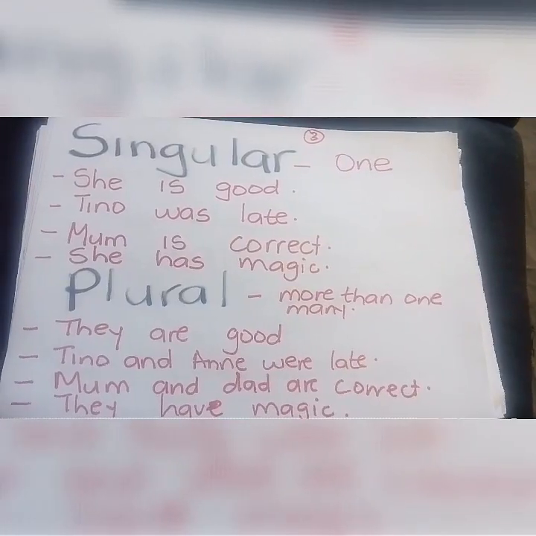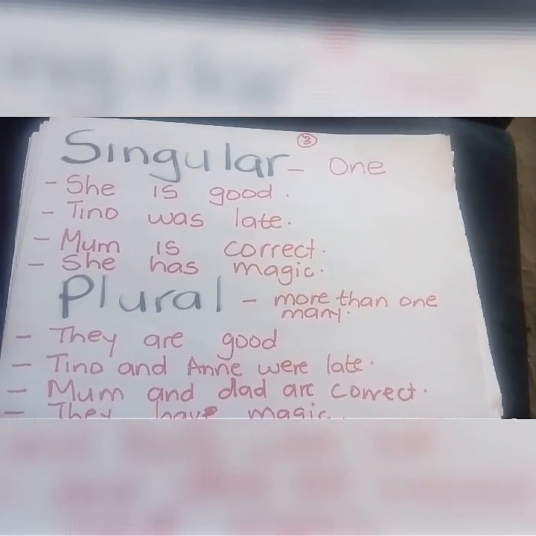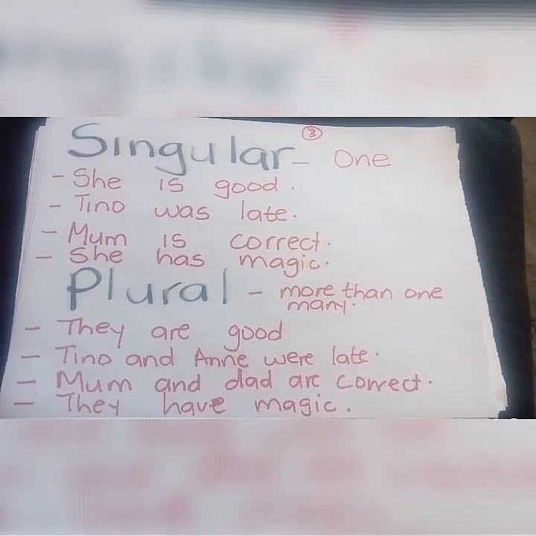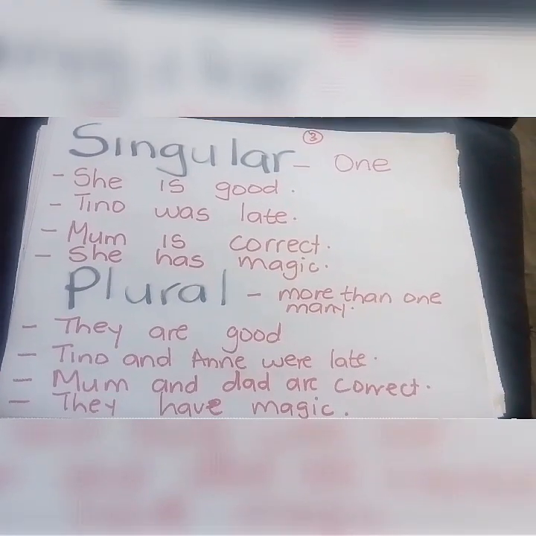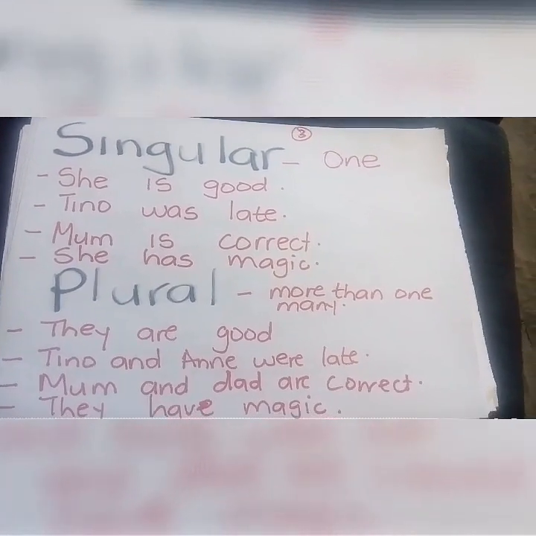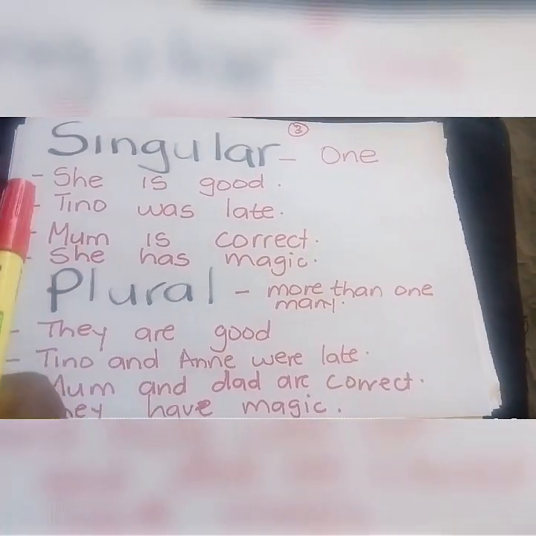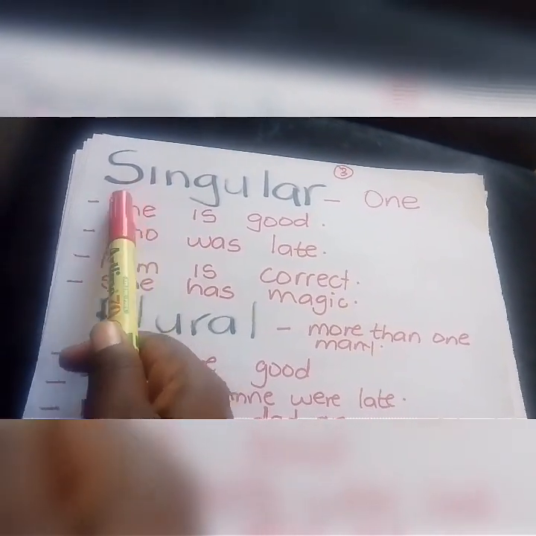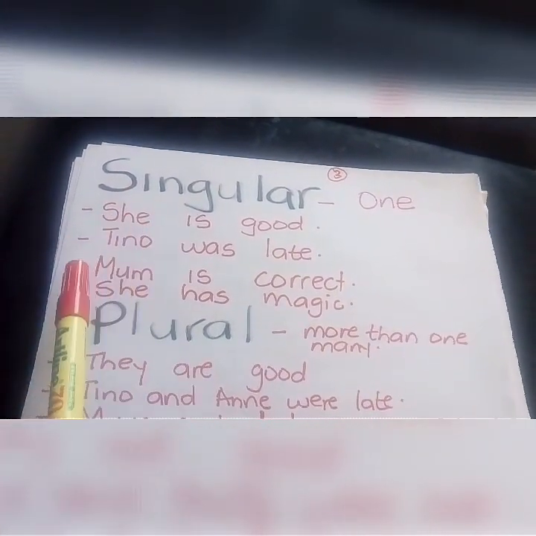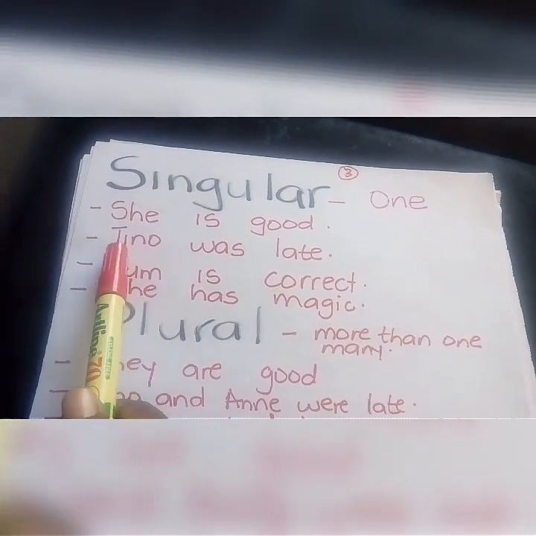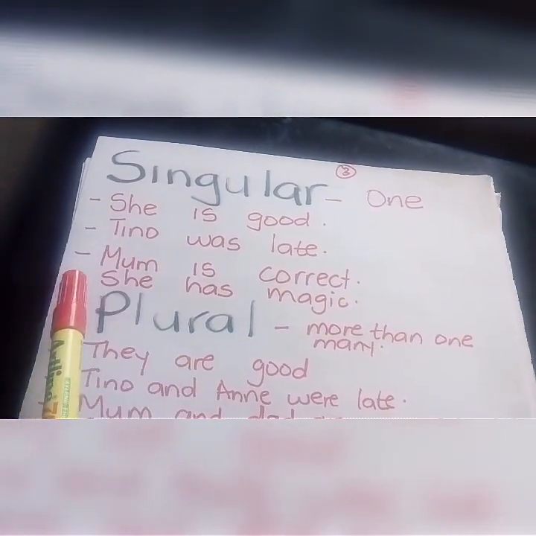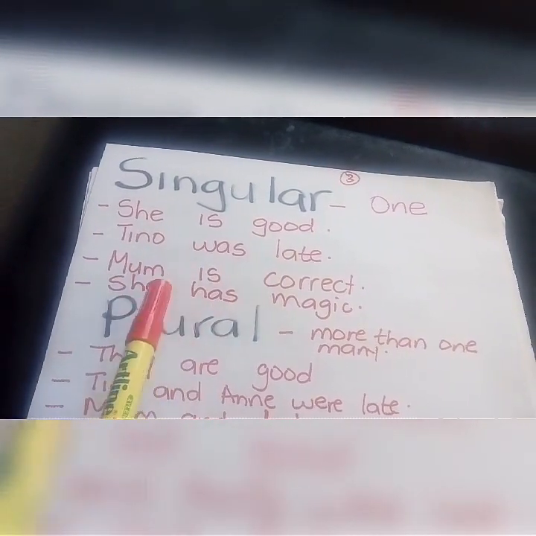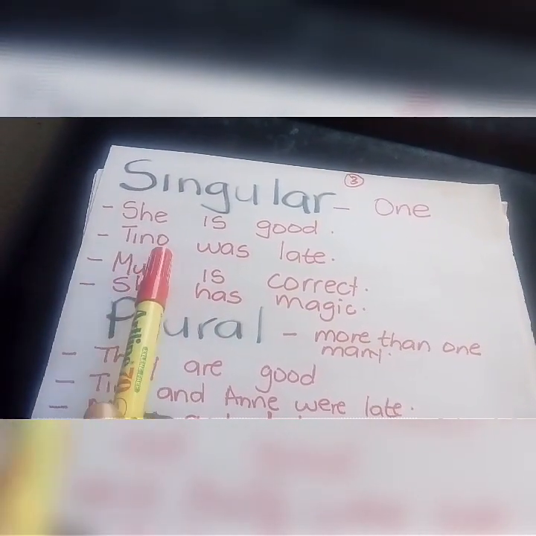Let's also talk about singular and plural. When we talk of singular, we are talking about one thing, one place, one person, or one idea. She is good. This sentence is singular because the subject is one. We are talking about one person. Tino was late. We are talking about one person, Tino.